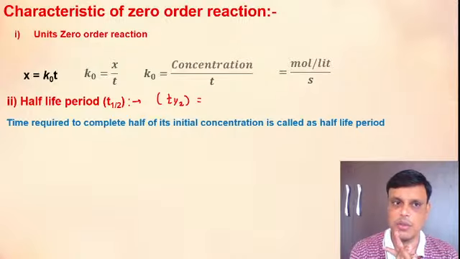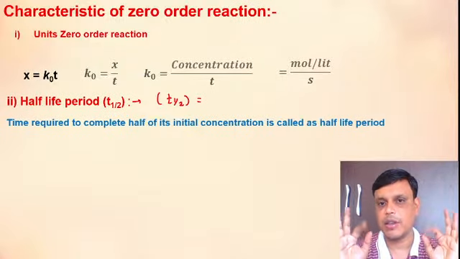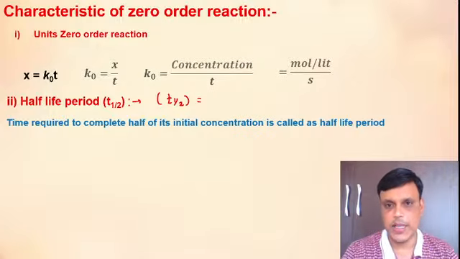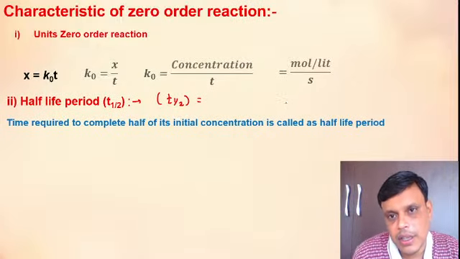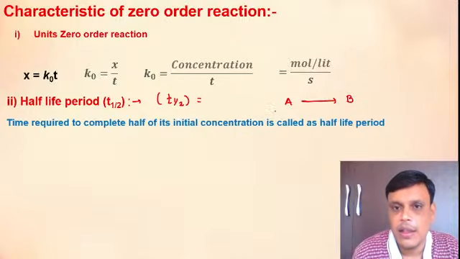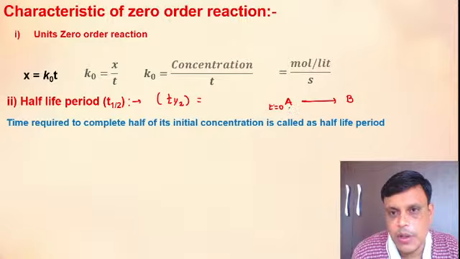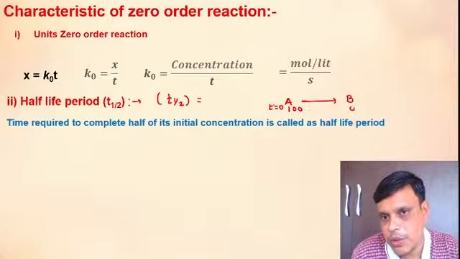Understood? What is half-life period? The time required to complete half of its initial concentration is called the half-life period. For example, here I will write a reaction A goes to B. So at a time t equal to 0, reactant A is 100% and reactant B is 0%.